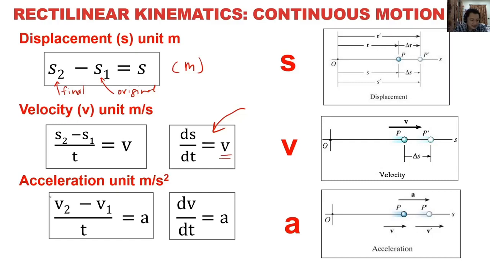Next will be acceleration. When you find the final velocity minus the original velocity, over time, you find the acceleration. In terms of derivative, it is dv over dt. These are certain depictions of particles moving.